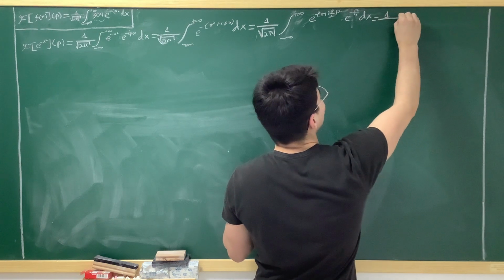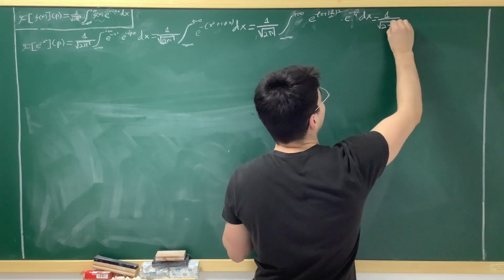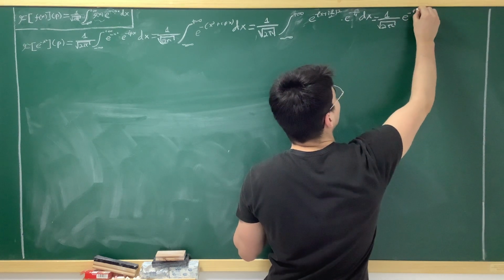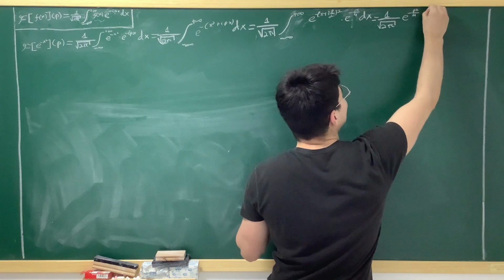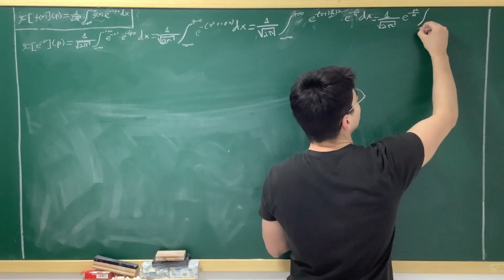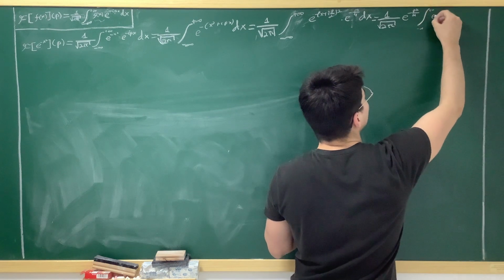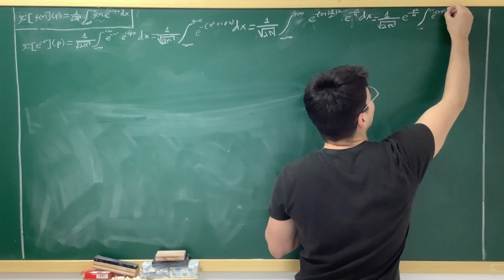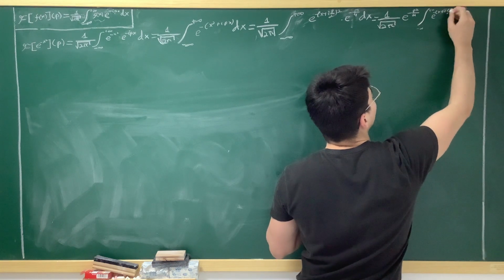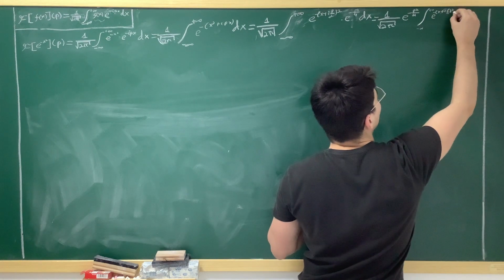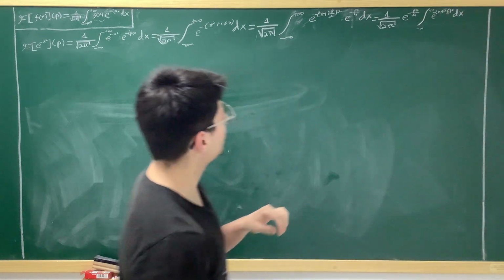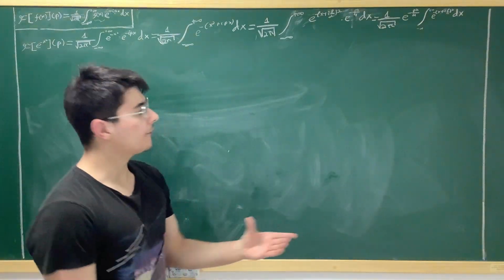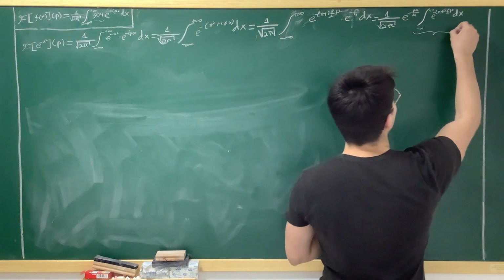And so we end up with this expression right here: 2 pi e to the minus p squared over 4 times the integral from minus infinity to positive infinity of e to the minus (x plus ip over 2) squared dx. I hope that you can see it well, but okay. So that's what we get there. So all we have to do is to compute this integral.